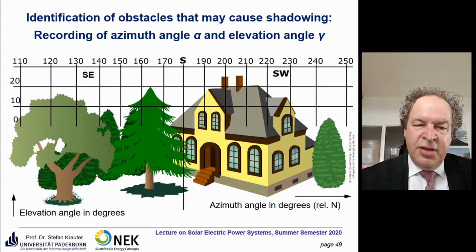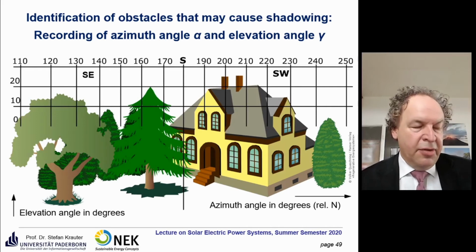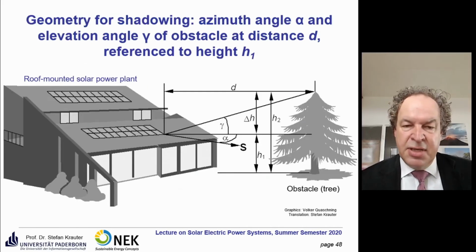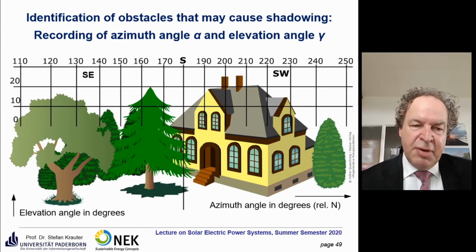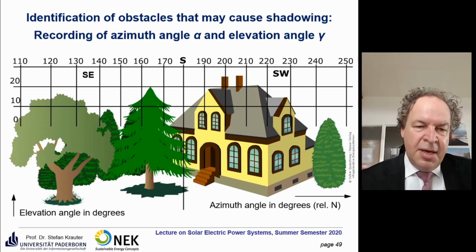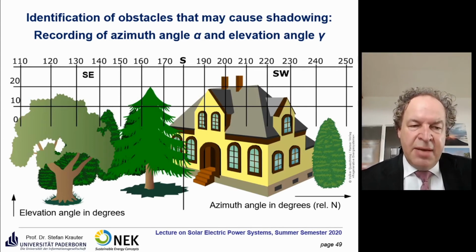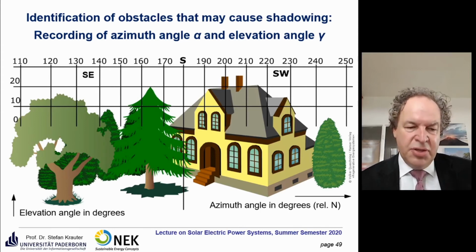So we have here the obstacles, and we measure the height as you saw before. Here, for example, this tree has a height of gamma here. What is it, about 30 degrees or something like this? And we put it in a plot, as you see here. Here the highest trees are about 20 degrees only, in positions of south, southeast. And we do the same for all the other obstacles, not only trees, but houses and everything.